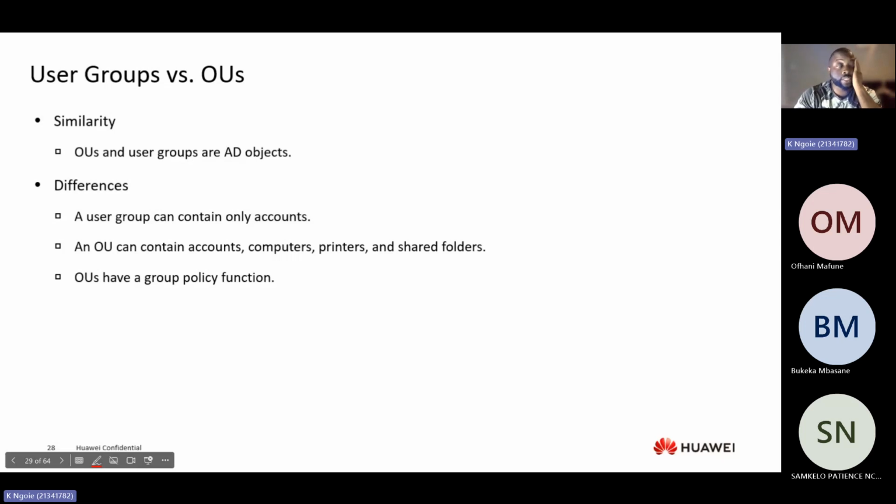And then the difference is that a user group can contain only accounts, but an organization unit can contain accounts, computers, printers, and shared folders. And an organization unit has group policy functions.